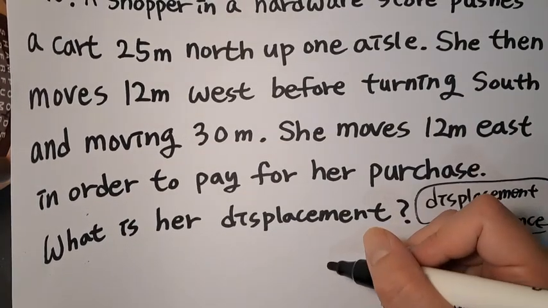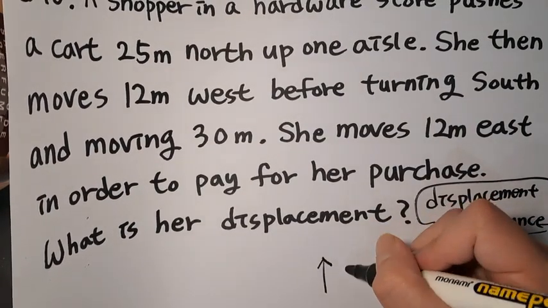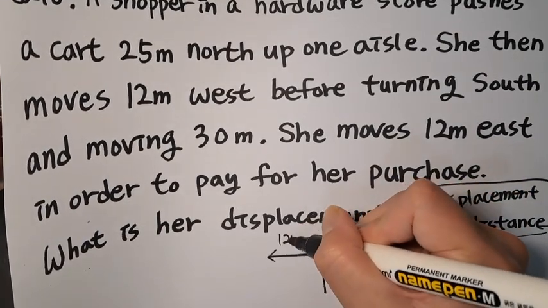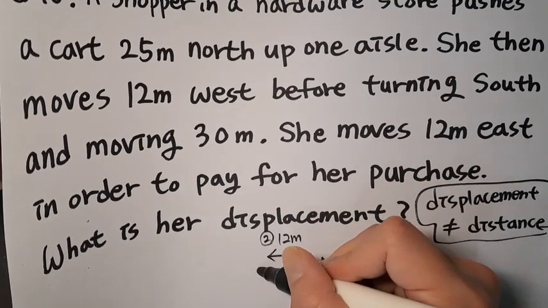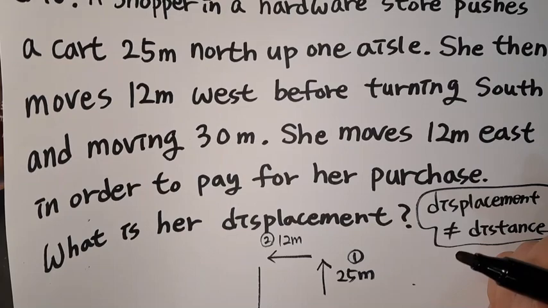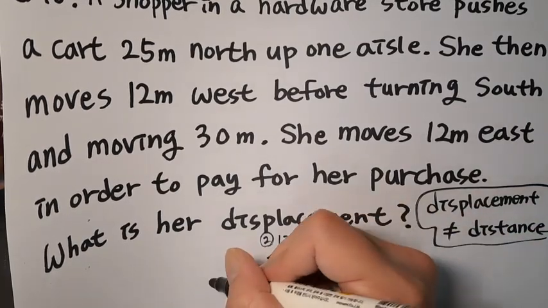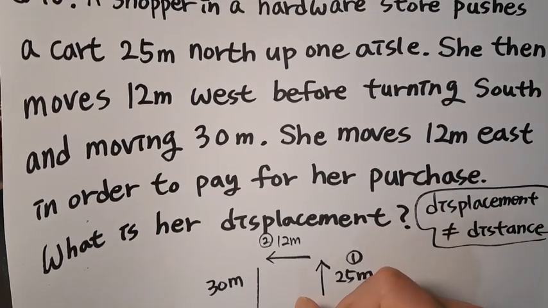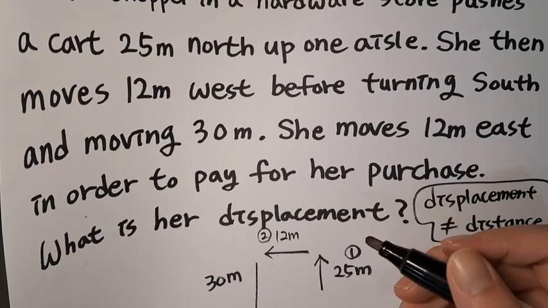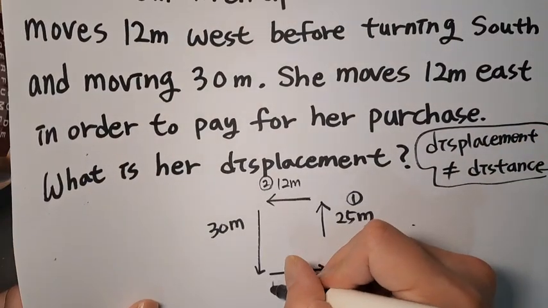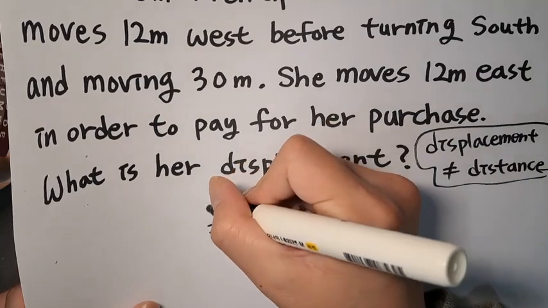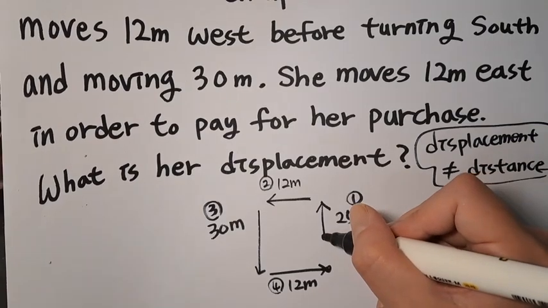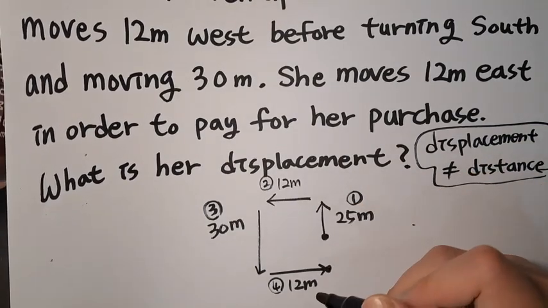A shopper goes north 25 meters first, and then moves 3 meters secondly, and again moved 30 meters, and she moved toward east 3 meters. So this is our starting point and this is our ending point.